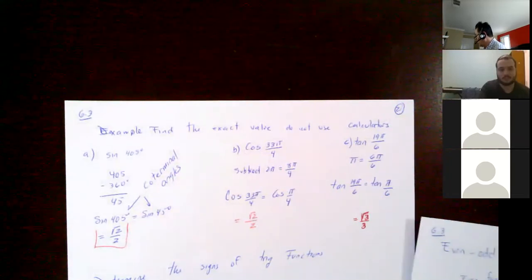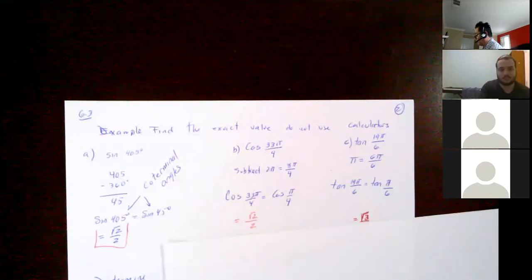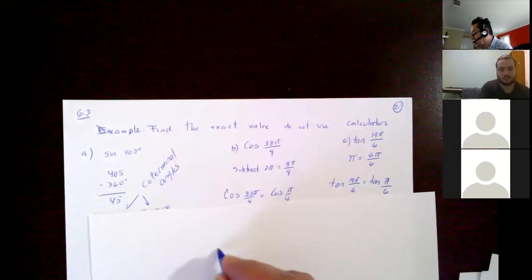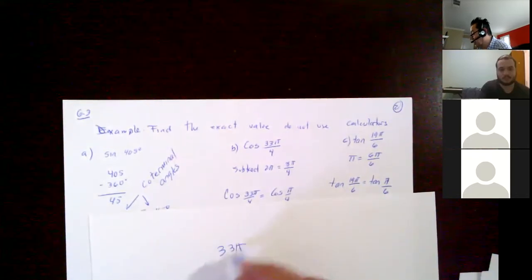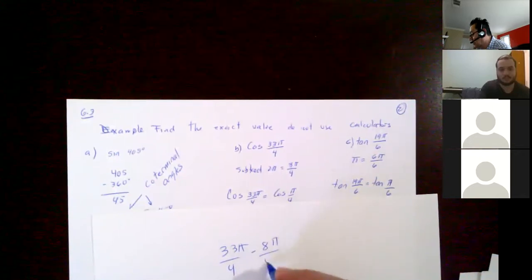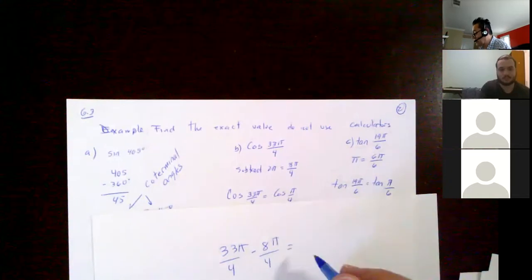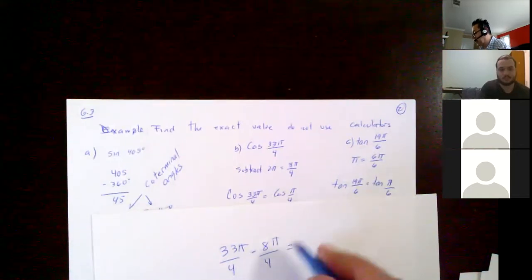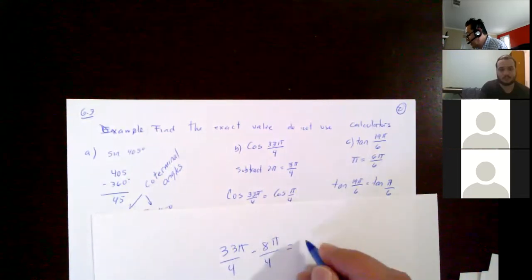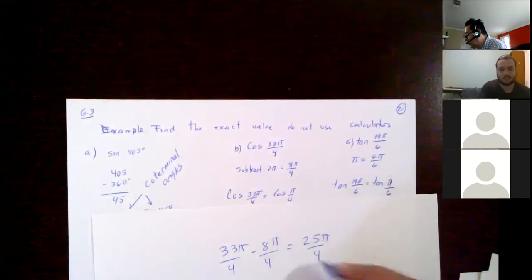But you can do it on your own also. Notice if we start with 33 pi divided by 4 minus 8 pi divided by 4, what is 33 minus 8? That would be 25 pi divided by 4.